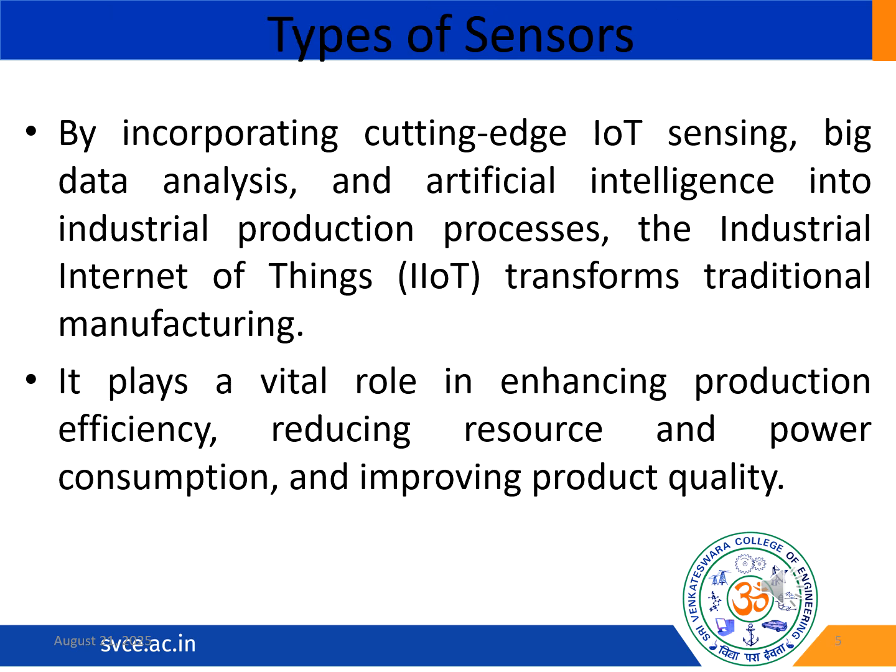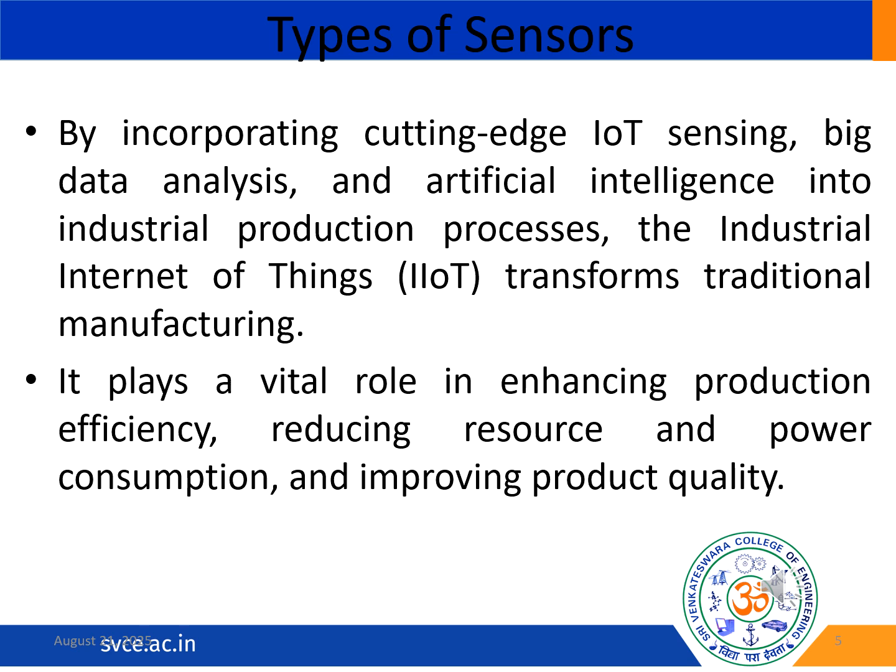Moving on to the classification, we'll see the basic ideology of IIoT. It is the cutting edge IoT technology where big data analytics are used along with artificial intelligence to improve industrial production processes. We use industrial IoT to transform traditional manufacturing practices. It also plays a vital role in enhancing production and its efficiency.